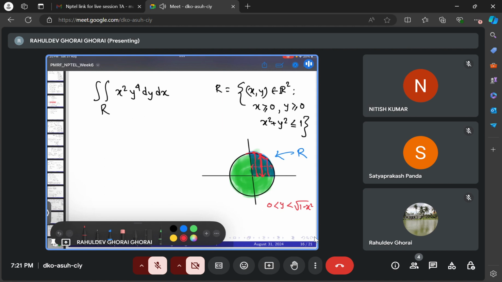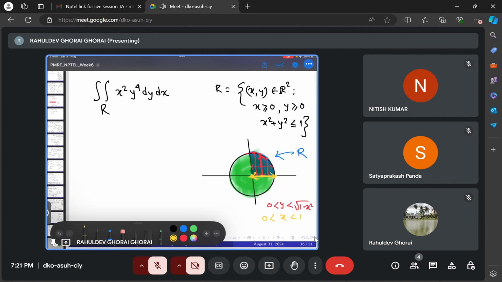But you have to vary those red lines by x from 0 to 1, because x is going only from 0 to 1. This is fixed.